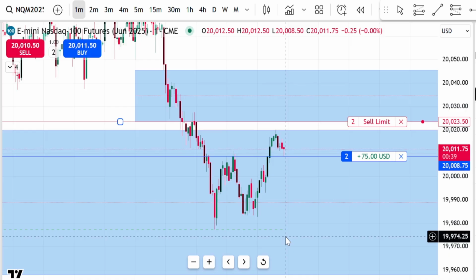This is a very normal move, as I mentioned. There are some FVGs in the 1 minute time frame, so it tries to capture them and then continue the move toward the 50 minutes FVG.